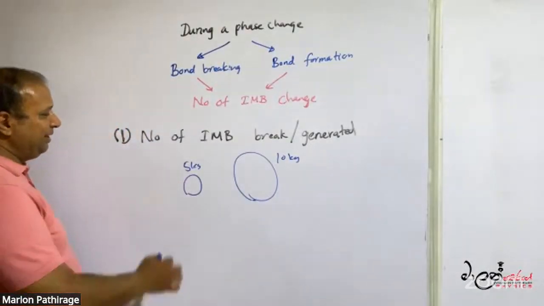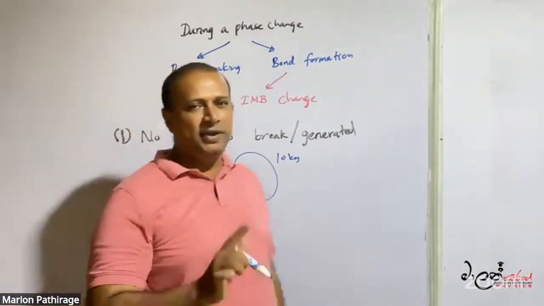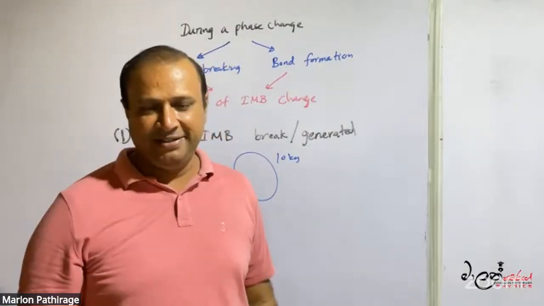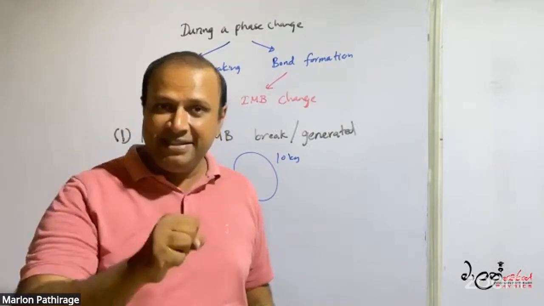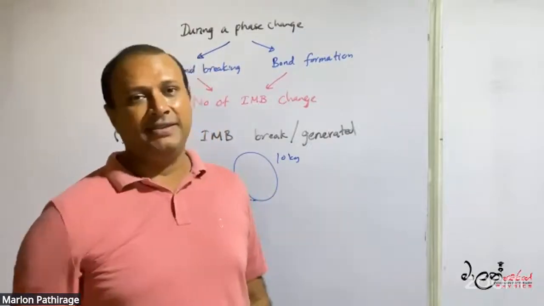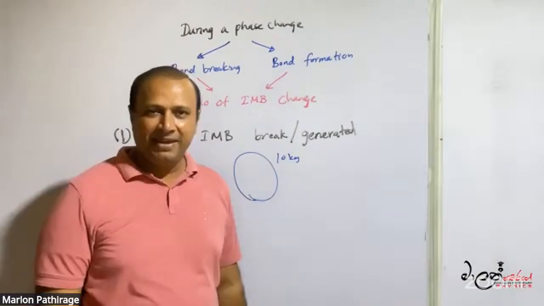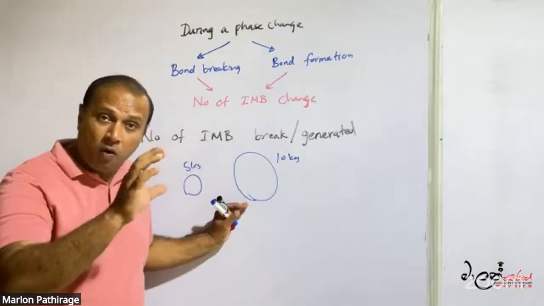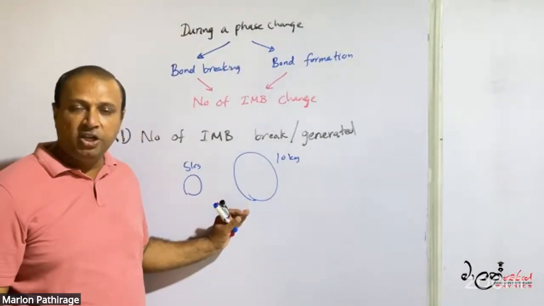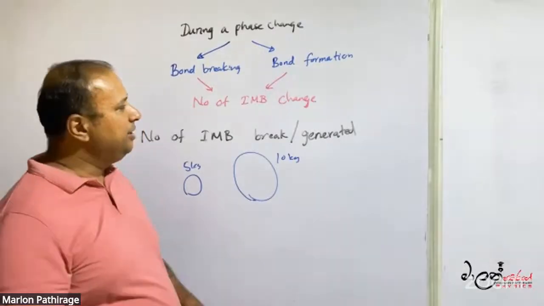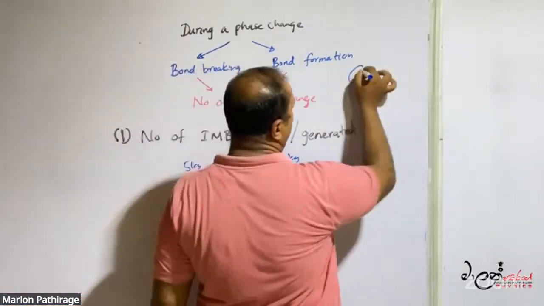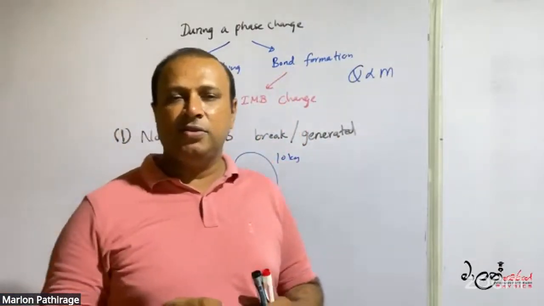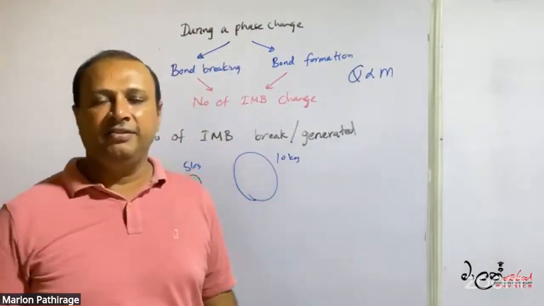So we cannot measure the number of bonds directly, but it depends on mass. That means the heat absorption or releasing during a phase change depends on mass. When mass increases, the heat associated with the phase change increases.